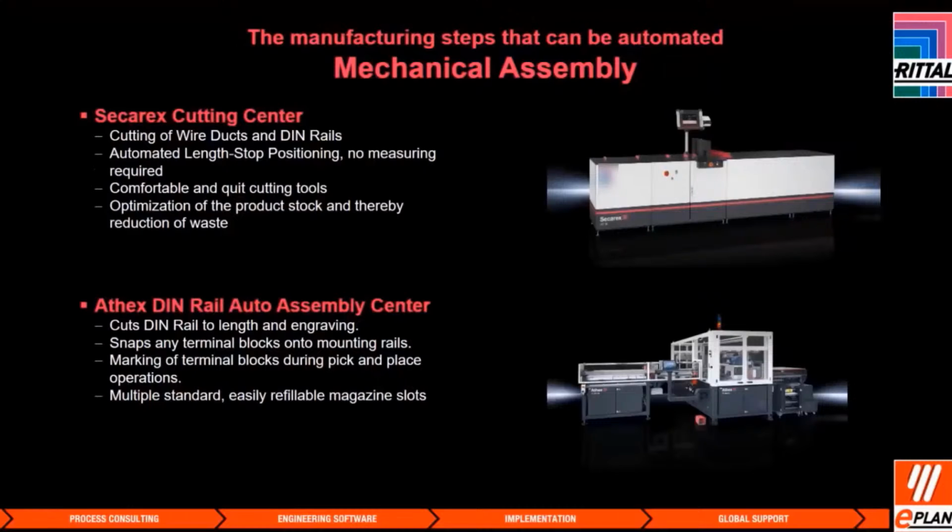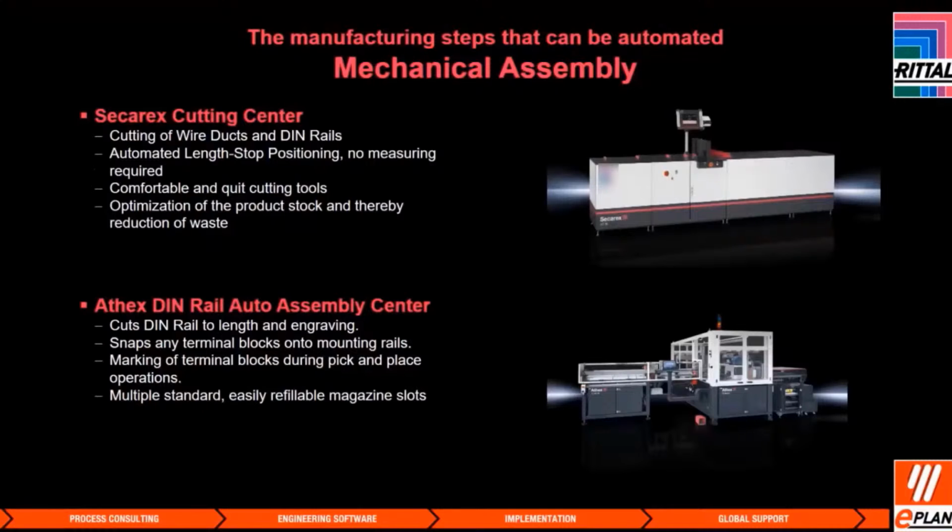I'll finish off here just quickly. There is a machine we also have for cutting DIN rail, but this piece of equipment, the Atex, will also laser scribe terminal block labels, like the little markers or chiclets on terminal blocks, and then assemble those terminal blocks onto the DIN rail.